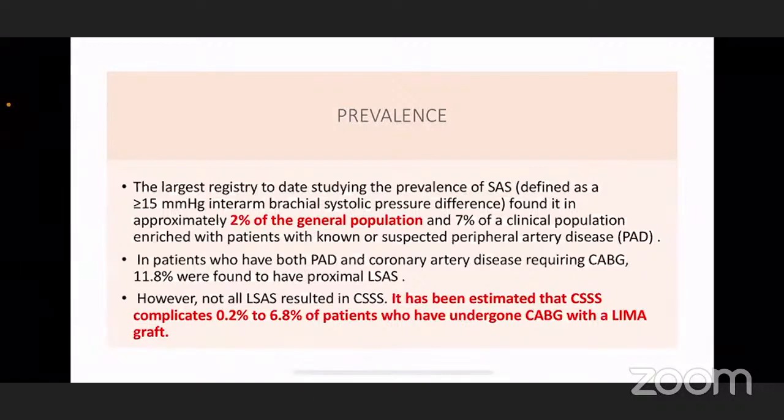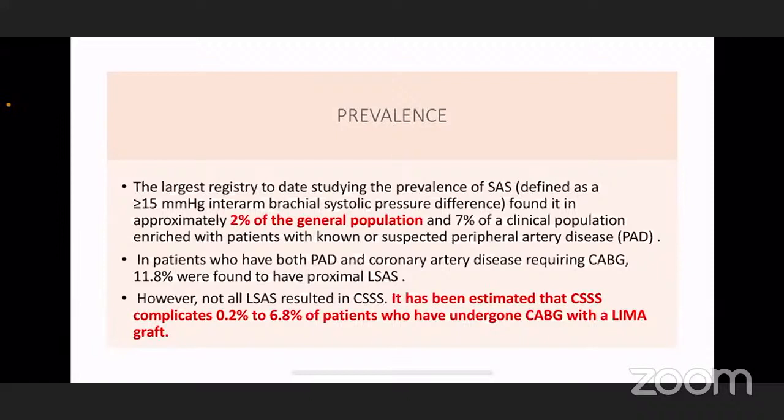You see the blood pressure difference between both arms, and if there is more than 15 millimeters of mercury interarm difference in the pressure, you say that the patient has subclavian artery stenosis. It is actually found in 2% of the general population and in 7% of a clinical population enriched with patients who are known or suspected to have PAD, peripheral artery disease.